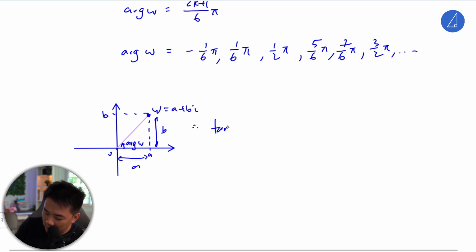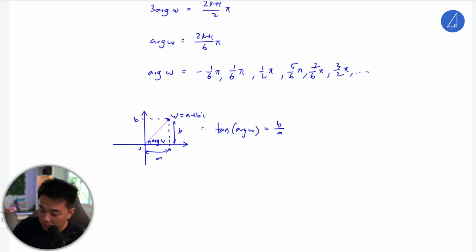So tangent of argument w will just give us b over a. But the thing here is take note, you need to reject 90 degrees, because a is not 0. In order for argument w to be 90 degrees, a will be 0. So you have to reject this, as a is not 0.